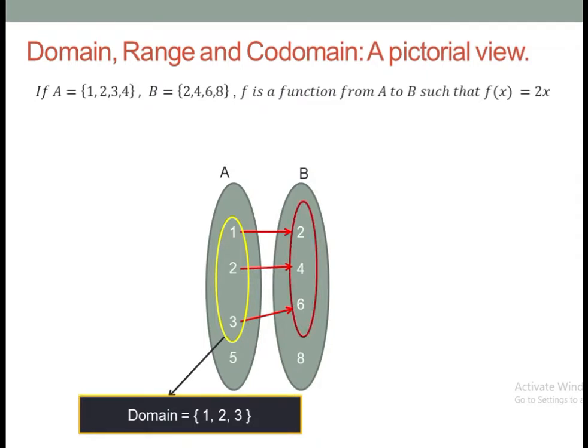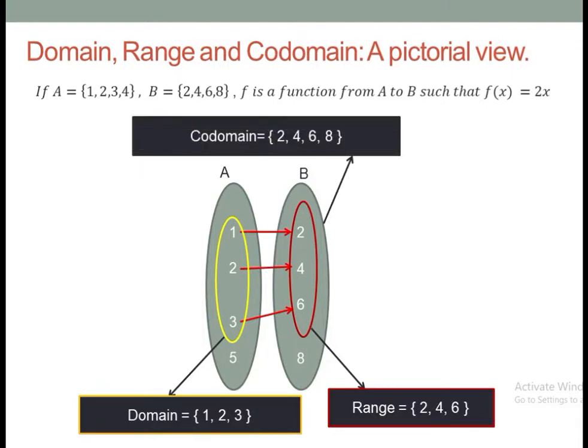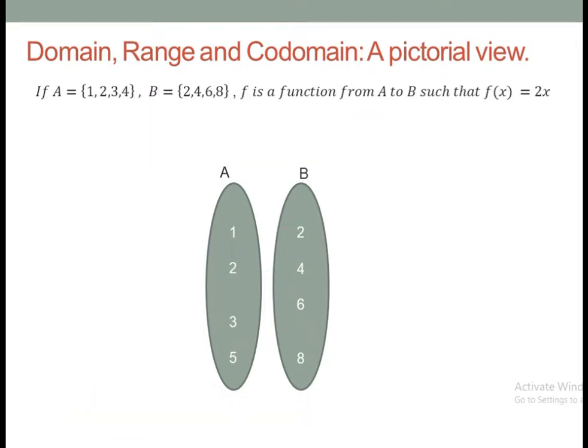Valid outputs are 2, 4 and 6. 2, 4 and 6 are called the range, and the covering set of the range is B. Therefore, codomain is equal to B, which is equal to {2, 4, 6, 8}. Let's watch it again.